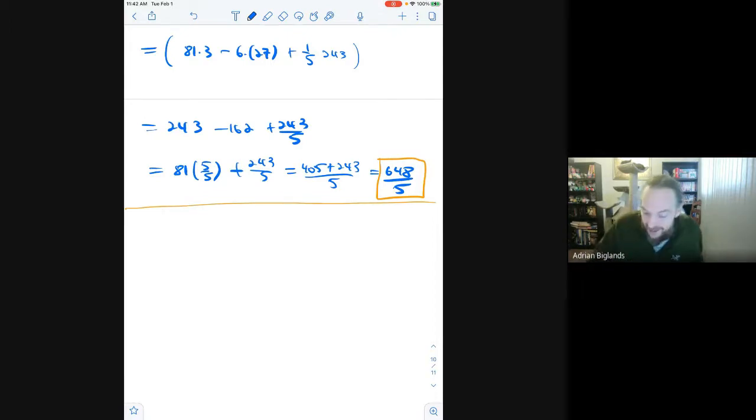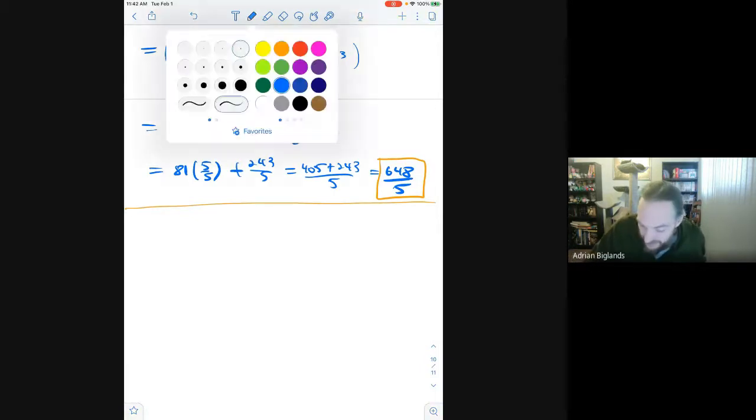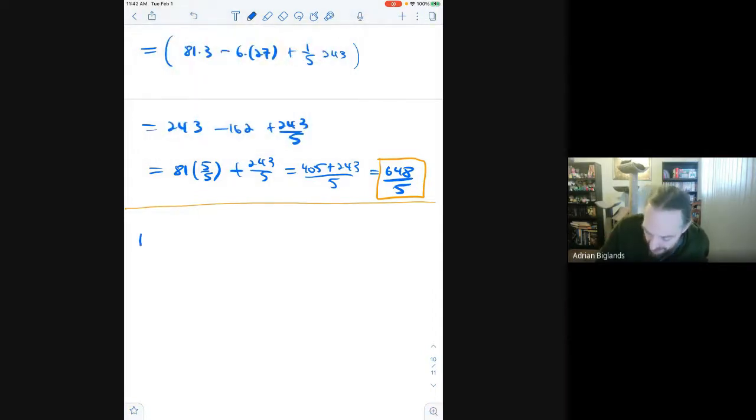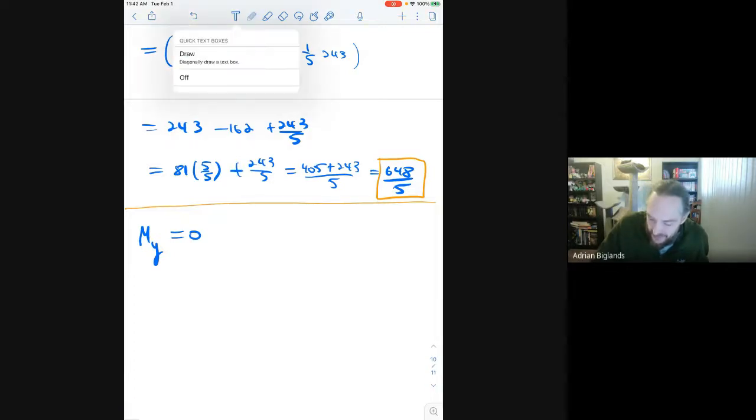So now, yeah, this is a symmetry. The moment about, with respect to the y-axis is going to equal 0 because of symmetry. I just noticed right out the gate.